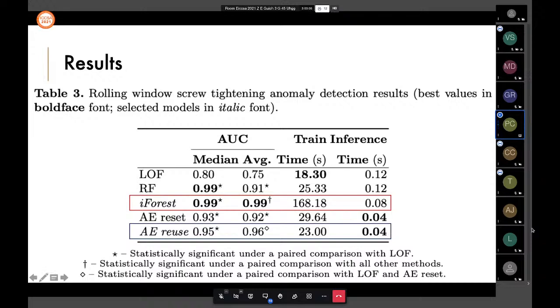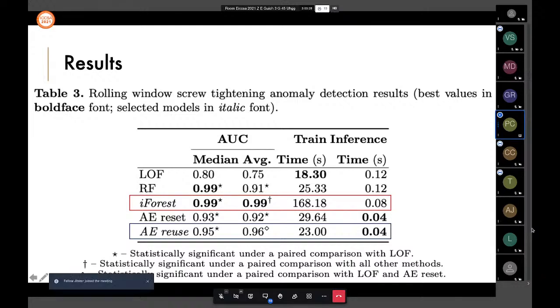One of the autoencoders that we use, that we call reuse, is called that because instead of using random weights on every iteration of the rolling window, we reuse the previously trained weights and simply train the neural network from that point. So it's an interesting model.